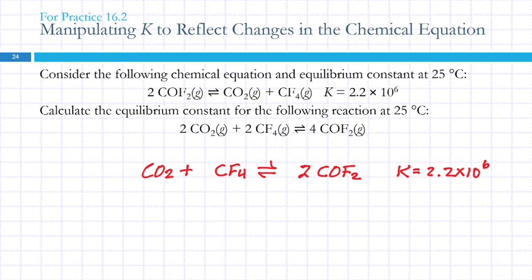We need 1 over that. Actually, let's keep the number out of there for right now, and say K becomes 1 over K. Okay? And then we're going to multiply all the coefficients by 2.